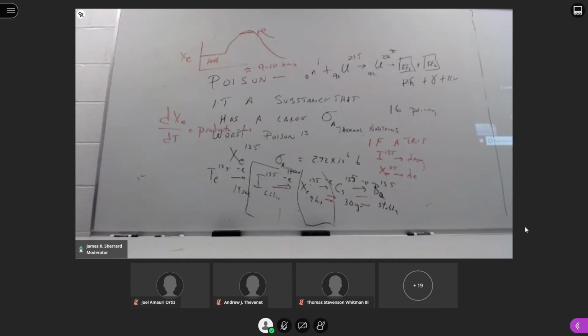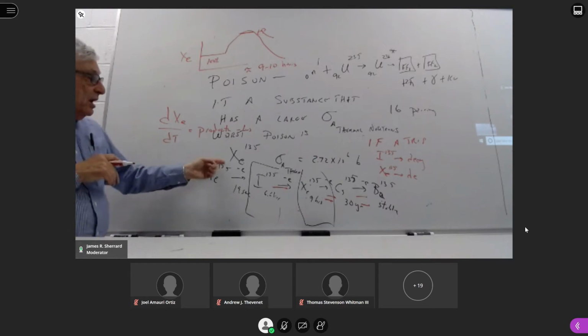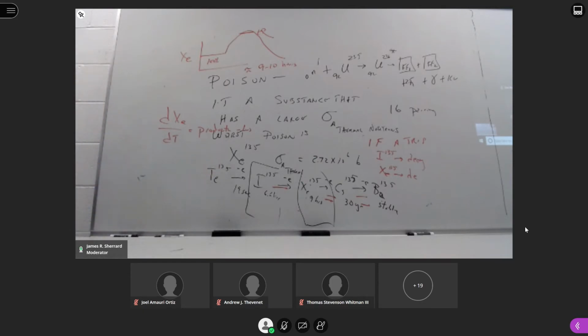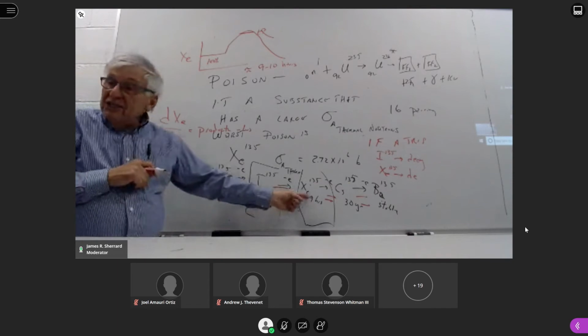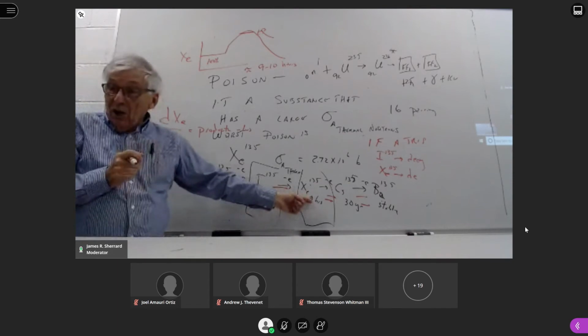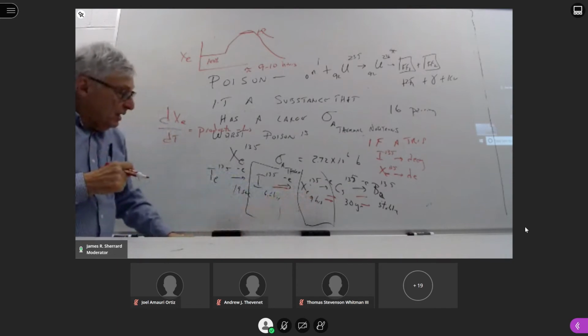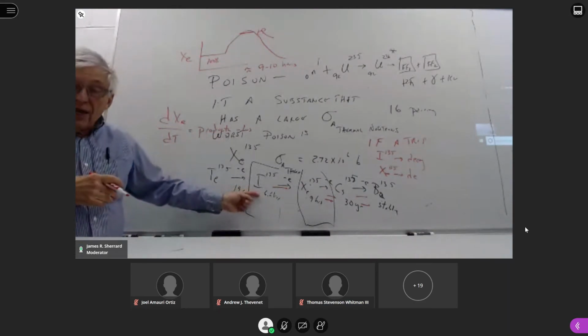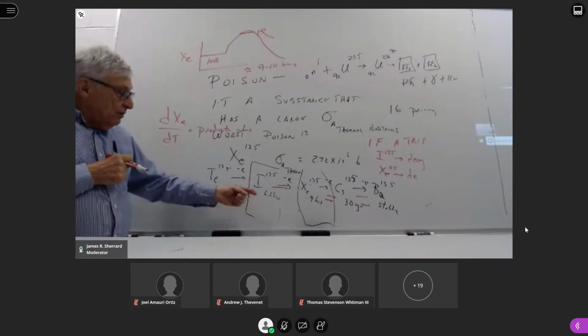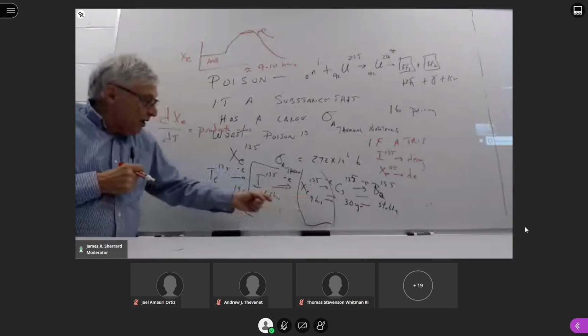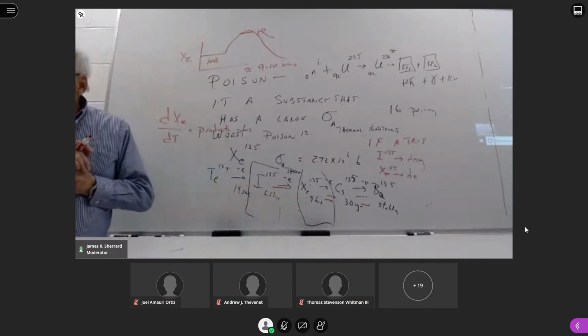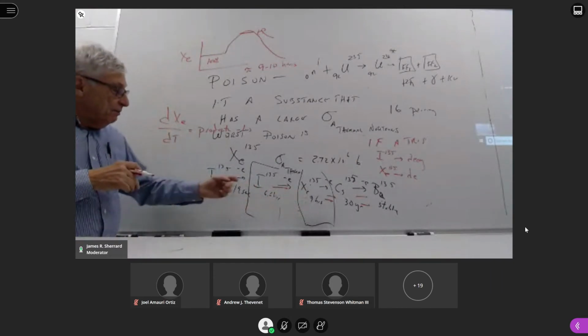Okay? So the main thing I want you to take away from this is the worst poison is xenon-135. Xenon-135 is a direct fission fragment itself that would then decay. It also has as a sort of mother, because this would be a daughter product, iodine-135, which is a direct fission fragment.